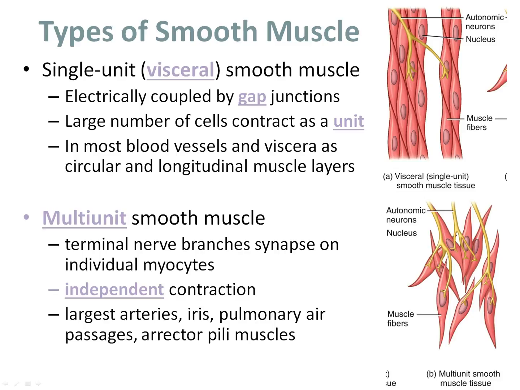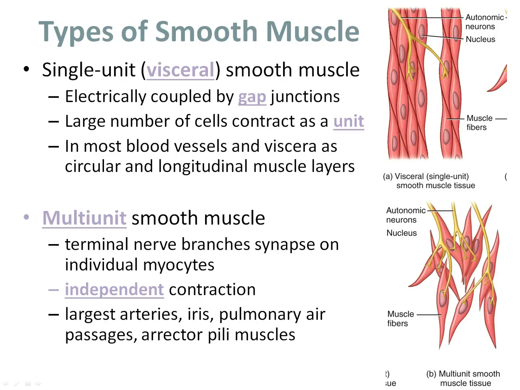We also have a second type of smooth muscle called multi-unit smooth muscle. In multi-unit smooth muscle, the nerve fibers that come and branch and synapse or join with the smooth muscle terminate on individual myocytes.